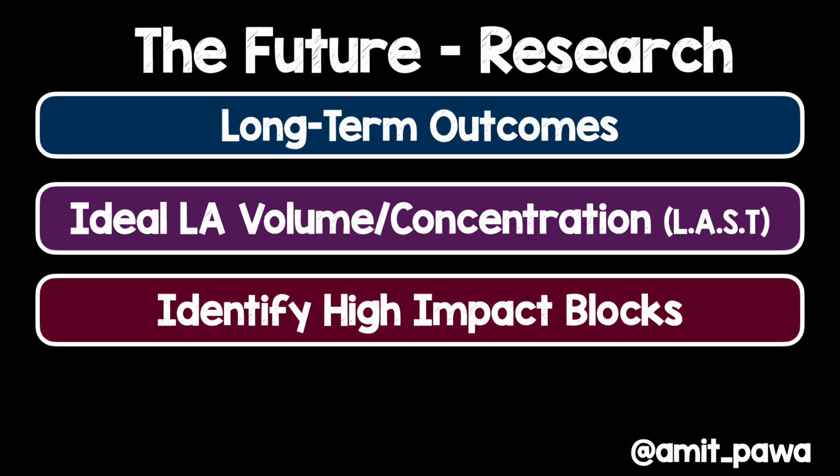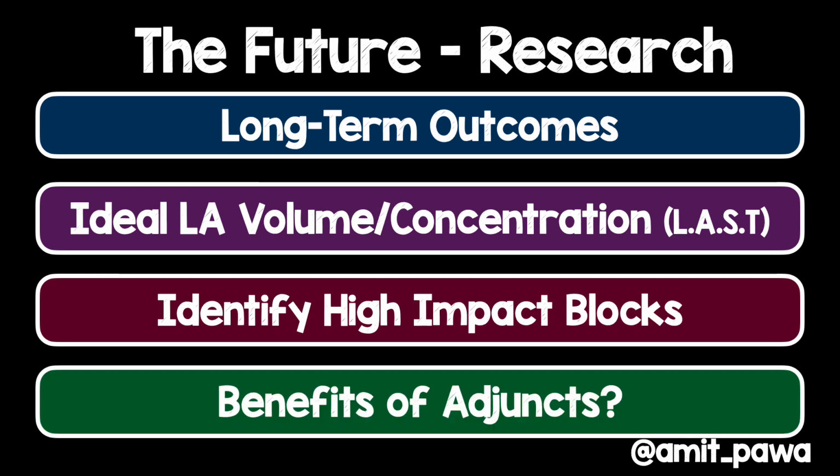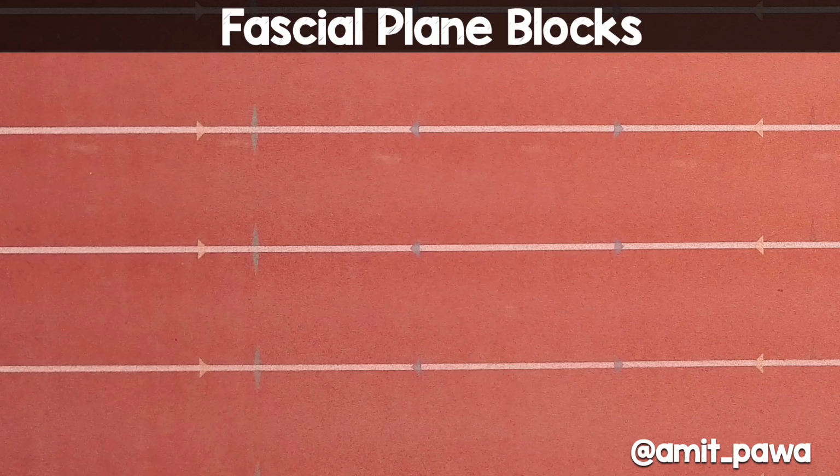We also need to know which blocks that we perform have the most impact. Does ESP really have a role for rib fractures? Is serratus anterior plane better? What block works best for hip fractures? We need to know which of those techniques makes a big difference. And also we need to know, is there any value of adding adjuncts to our local anaesthetic solution to maximise the duration of action of these blocks?